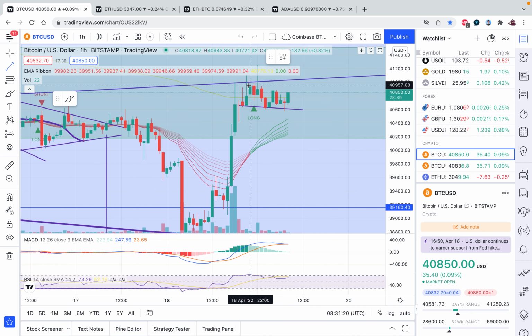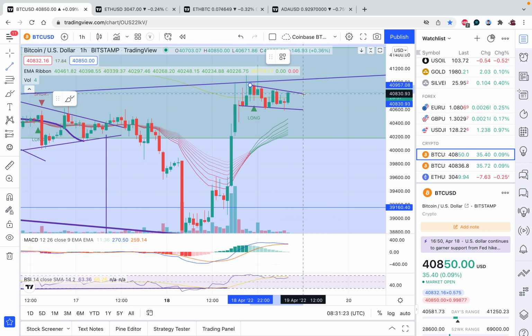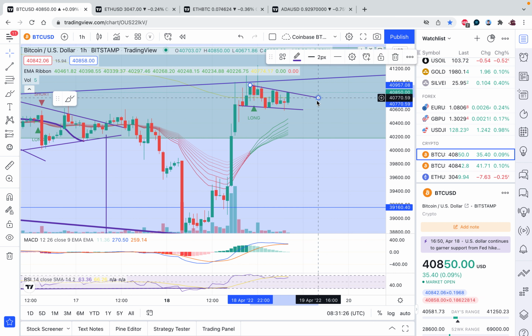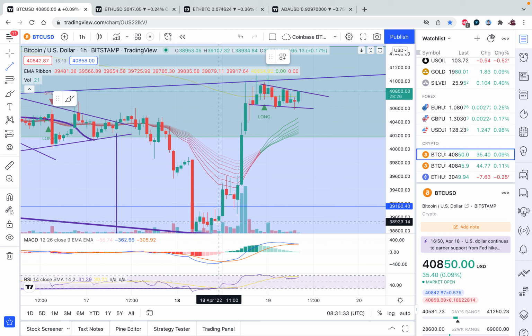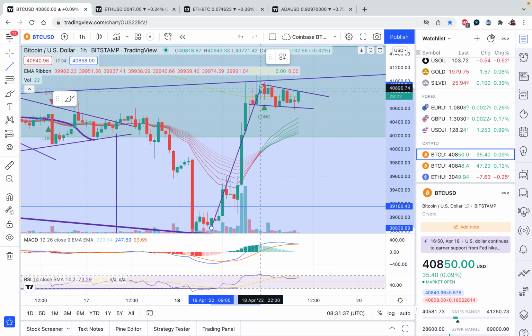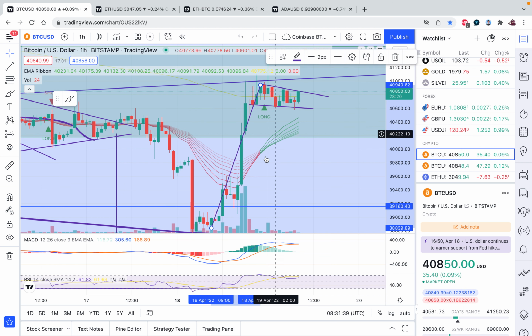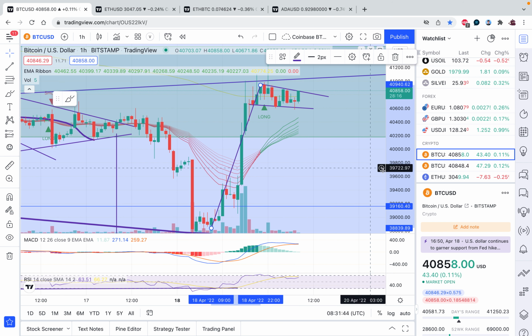We take another line, which is a top right here, like this. And we take the pole of the flag, and it starts right here, and you pull it up to the top right there. So you can clearly see this is a flag pattern.